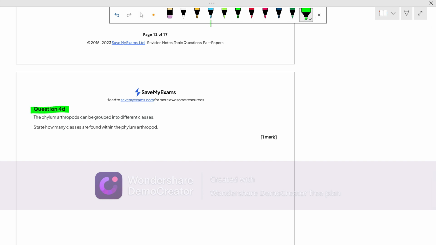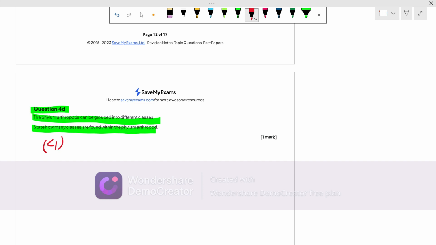Question 4D. The phylum arthropods can be grouped into different classes. State how many classes are found within the phylum arthropod. Within the phylum arthropods, simply we have 4 classes.